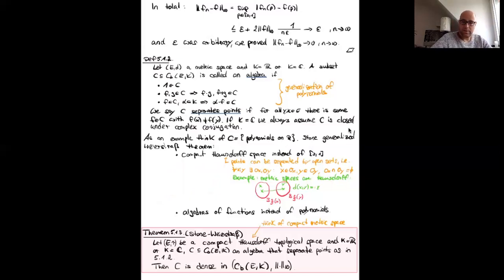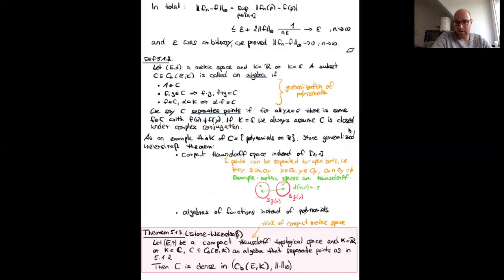And also an extra remark, I don't want to write this in all the theorems because the theorems are already messy enough. Whenever K is C, we assume that the function class is also closed under complex conjugation.